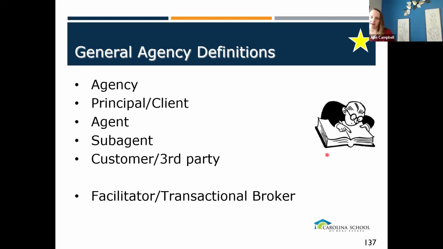The principal or the client is the one that hires us. And they do so by entering into an agency agreement with us. The agent is the one that's being hired. And as we've said, the consumer hires the firm. The firm allows me to work with their seller or their buyer.